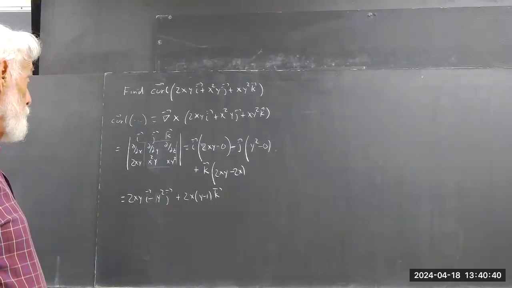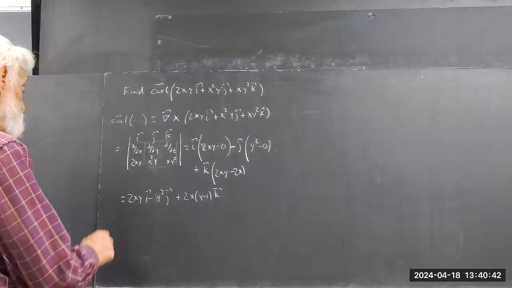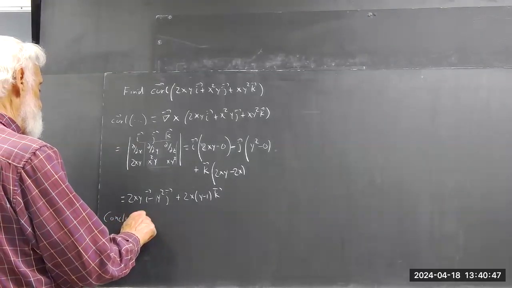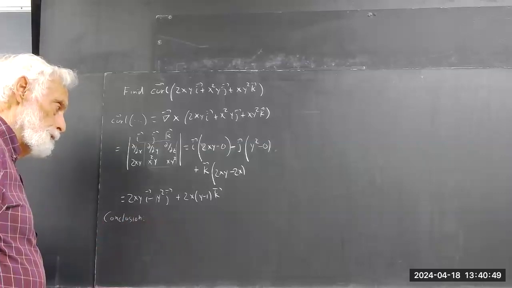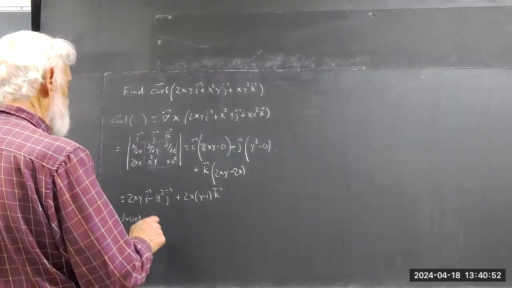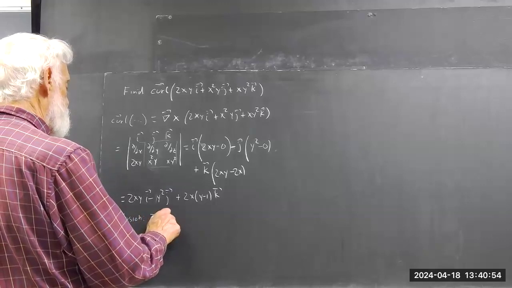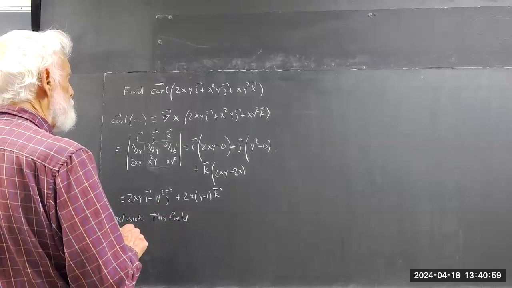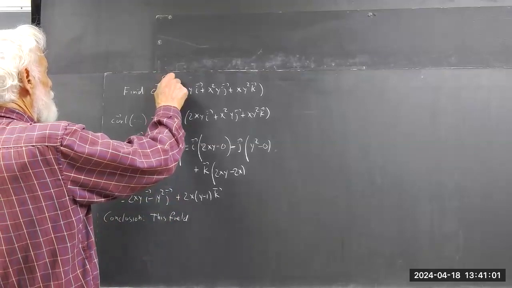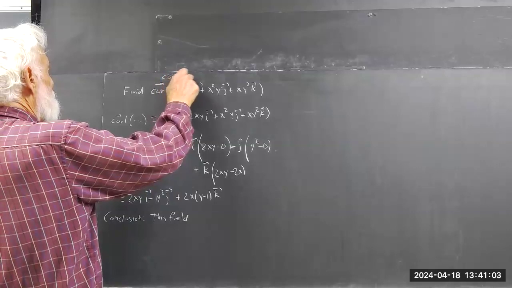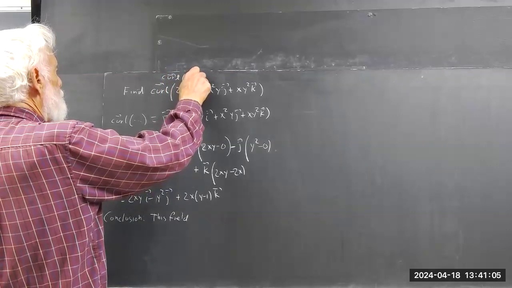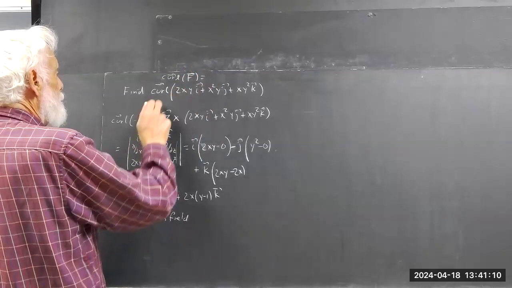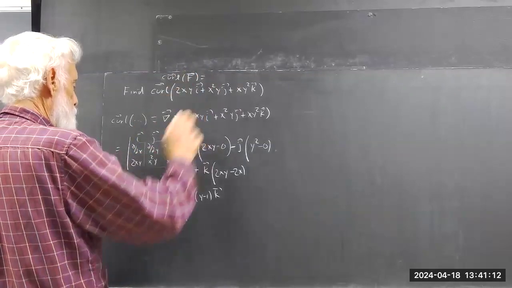Well, this tells me two things. One conclusion is, I never gave the field a name. So I'm saying now it's curl F equals this, so F is this function.